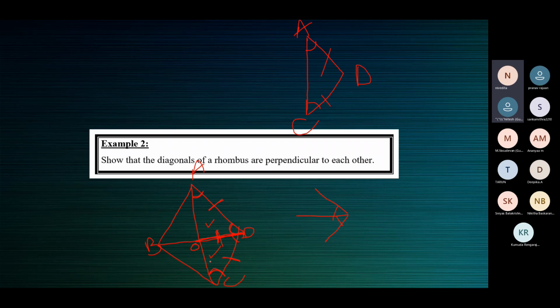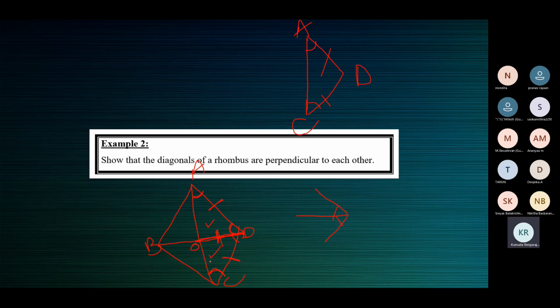Yes, ma'am, they're equal. Are the diagonals equal in a rhombus? No, ma'am. Diagonals are not equal. In a rhombus, when the diagonals are equal, it's a square. Diagonals are not equal; they bisect each other.